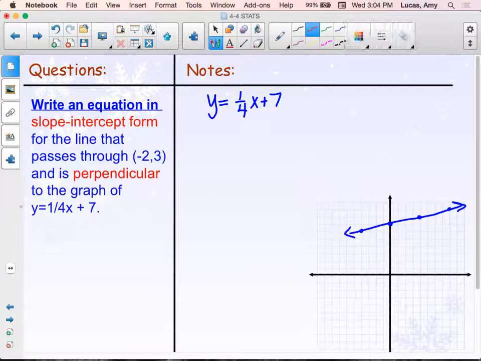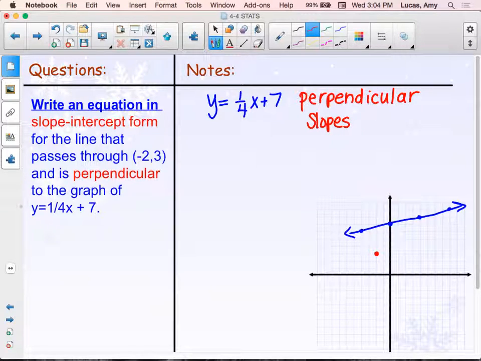And then the new line has to go through -2, 3, and it has to be perpendicular. Perpendicular slopes flip and change. So two things are happening when the lines are perpendicular.